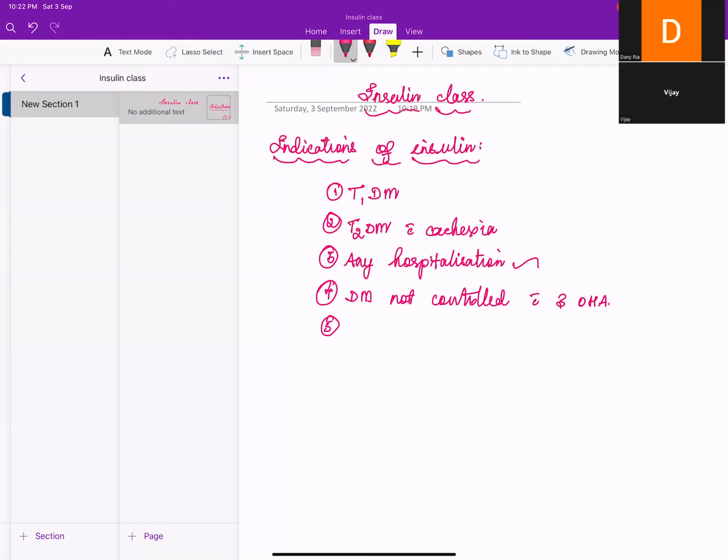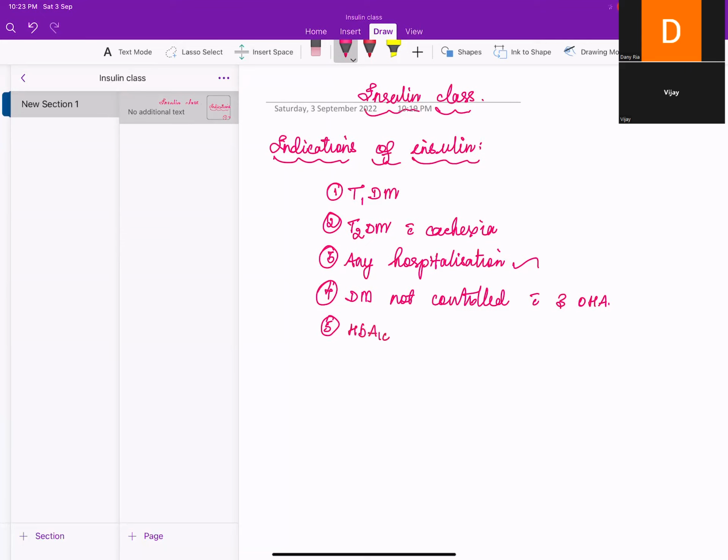Sulfonylureas like glimepiride, and meglitinides. These should not be given, or they should be reduced in dose. SGLT2 inhibitors don't cause that much hypoglycemia; they are only add-on drugs. All these 3 agents have a risk of hypoglycemia. If you put all these together, the patient will definitely have hypoglycemia.